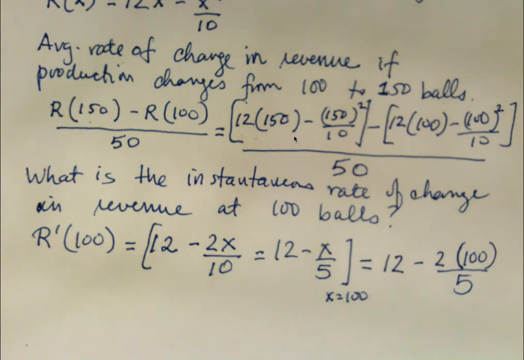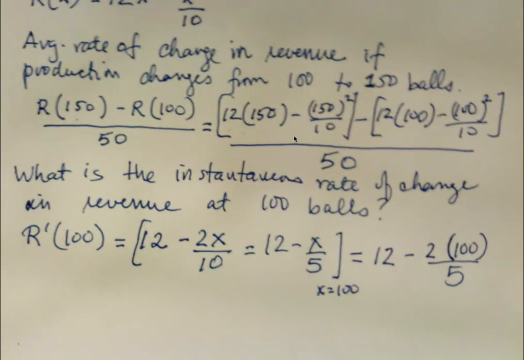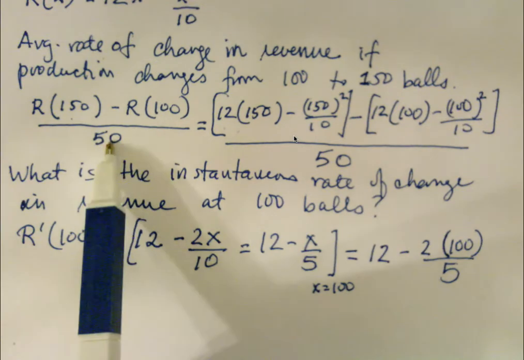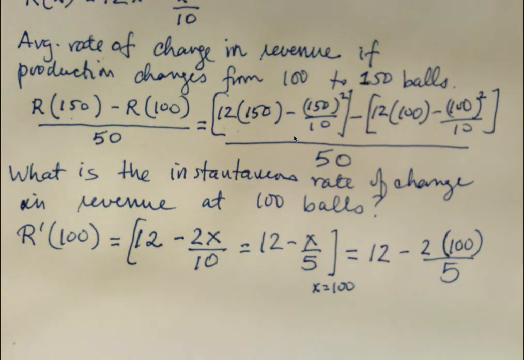And again, you can calculate that. So you have average rate of change over an interval versus instantaneous rate of change at a point.